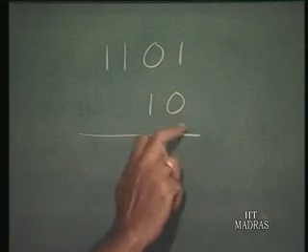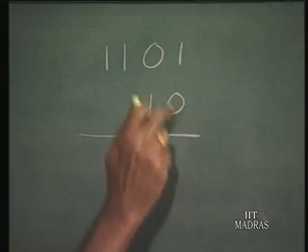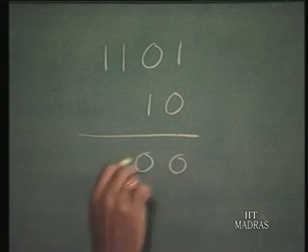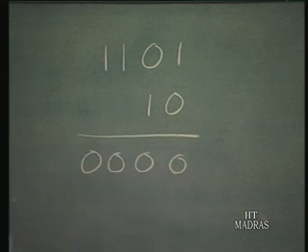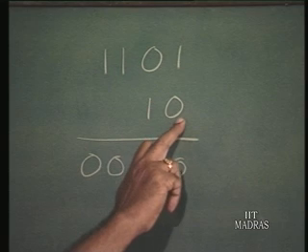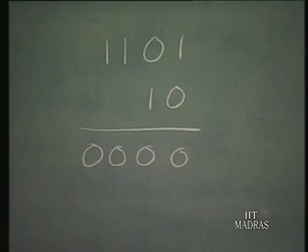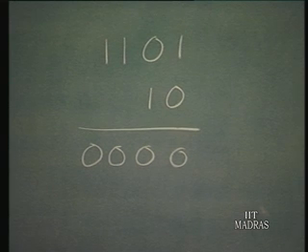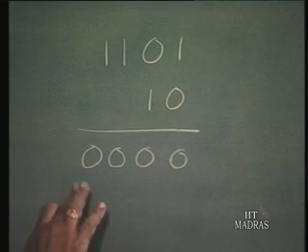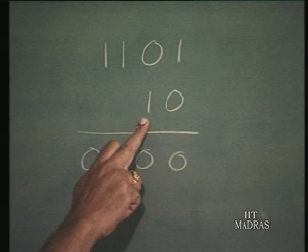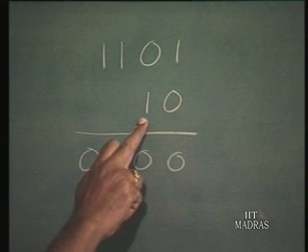If it is 0, then if you multiply that with the multiplicand, it will result just in zeros. So, we can say if the multiplier bit is 0, then the temporary or intermediate product is 0, then move on to the next significant bit.